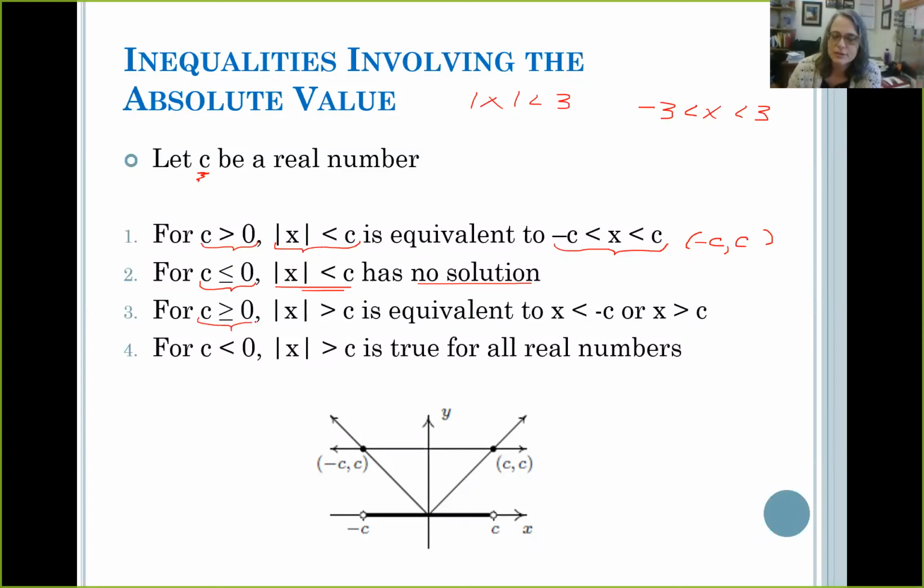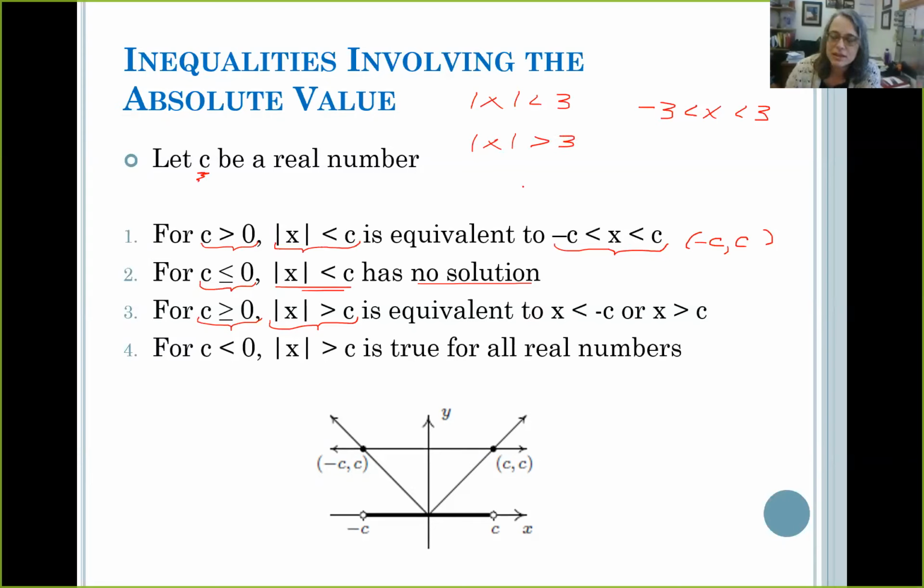If we're back into the positive numbers and the absolute value of x is greater than c, okay, then what we're talking about there is something like the absolute value of x is greater than 3.